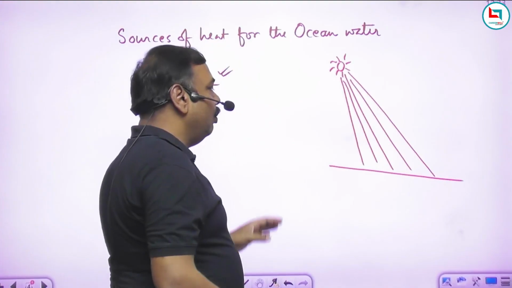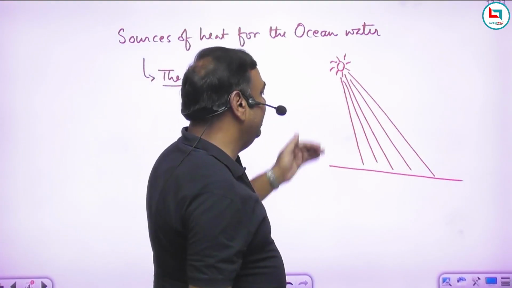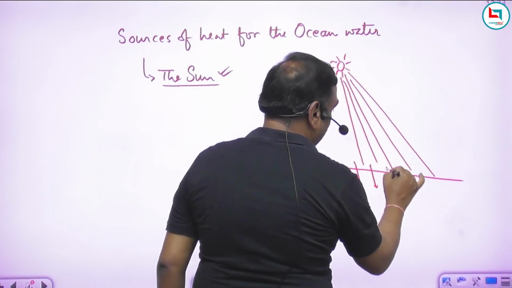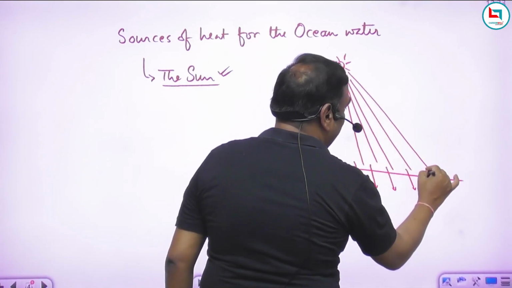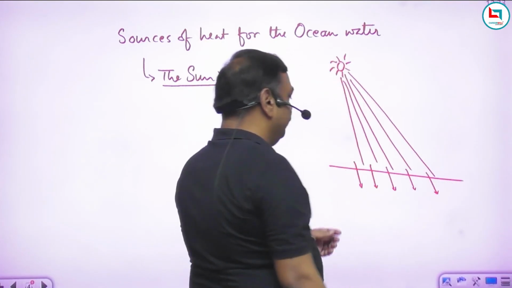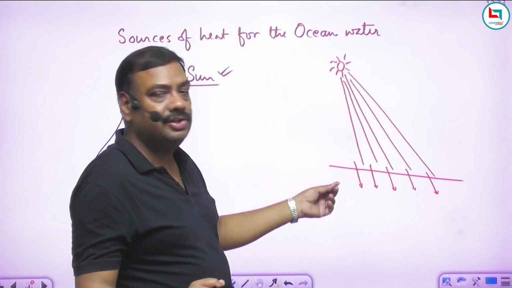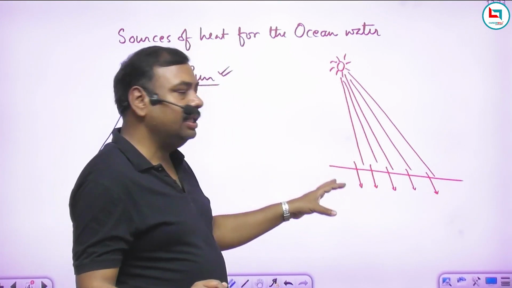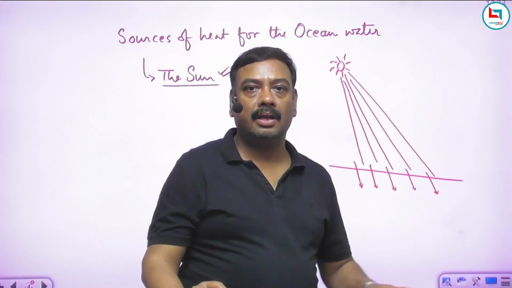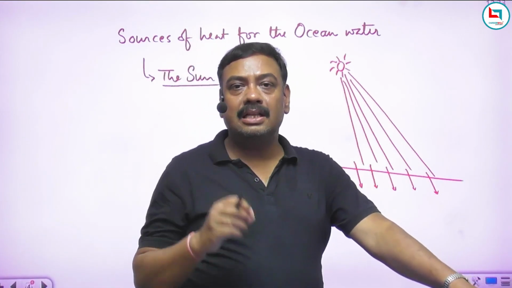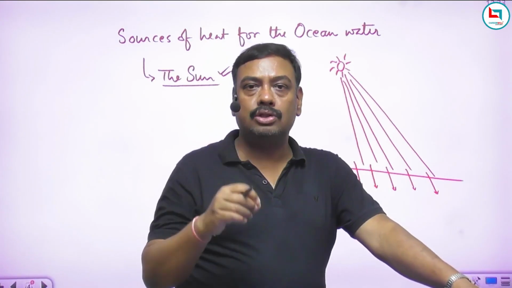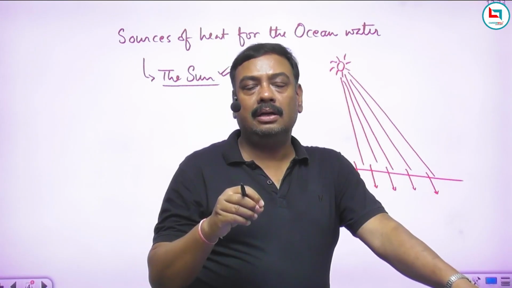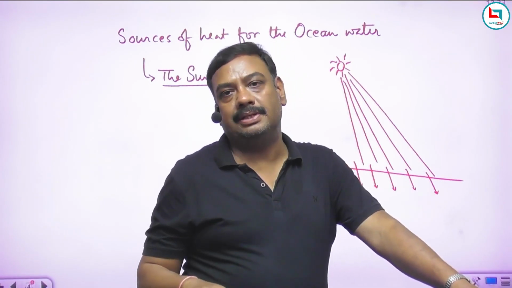So when we say ocean water is transparent, these radiations are able to penetrate the water through its surface and reach inside the ocean water. That is how these radiations also directly heat up the ocean water below the surface.